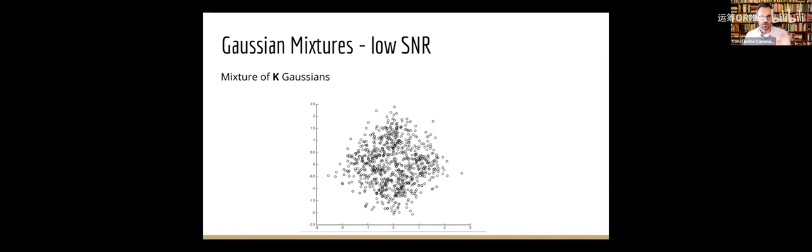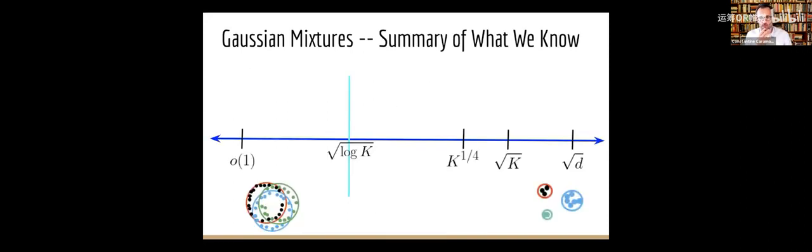So, with this picture in mind, let me give a brief history of where we are when k is large. When k, the number of mixtures, is large, just for the Gaussian setting. Actually, a little bit less is known for mixtures of linear regressions. So here is my axis that parameterizes the distance between the means.